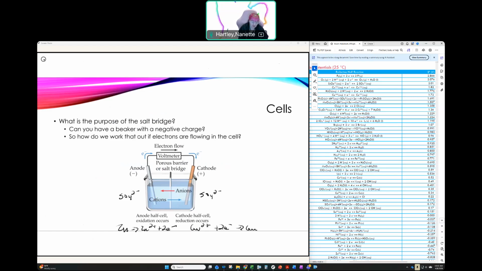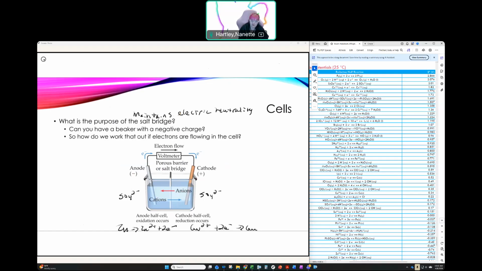All this means is that you have this porous barrier salt bridge so that things can travel without needing the external salt bridge. That salt bridge is meant to keep things electrically neutral on both sides, because otherwise we would build up charge, negative on this side, positive on this side.